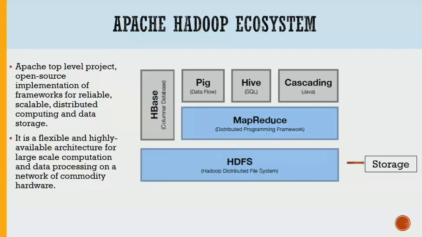The first is the storage layer. This is one of the main layers you need to understand, the file system where your data is stored. The name for that is Hadoop Distributed File System. As the name implies, it's a file system that is not sitting on one node or one VM or one container. It is distributed across the whole cluster.